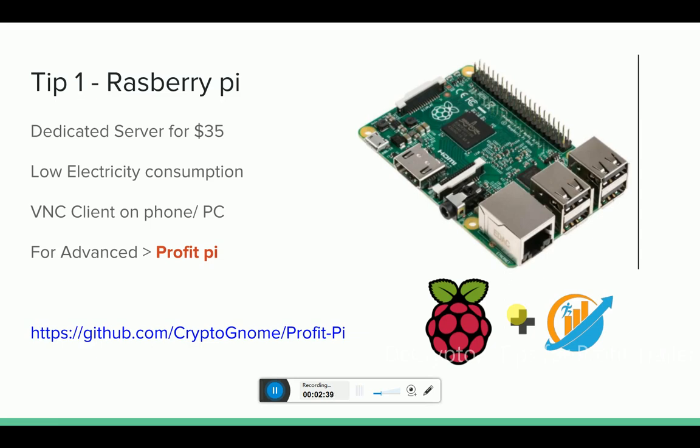The other thing that I've seen is that Crypto Gnome, who has his own channel with wonderful videos, has a Profit Pi release. It's basically a Raspberry Pi clone on the Stretch OS, made specifically for Profit Trailer.